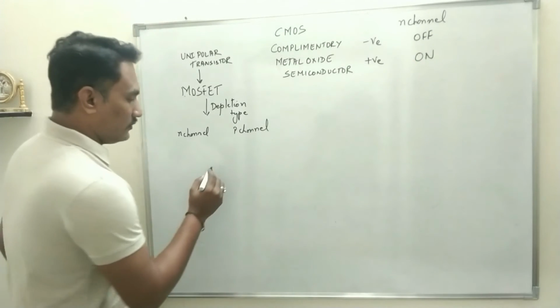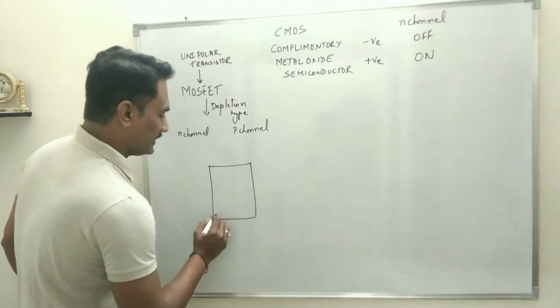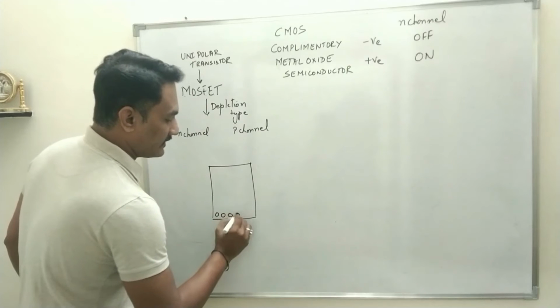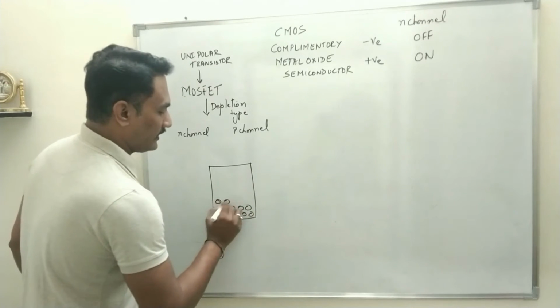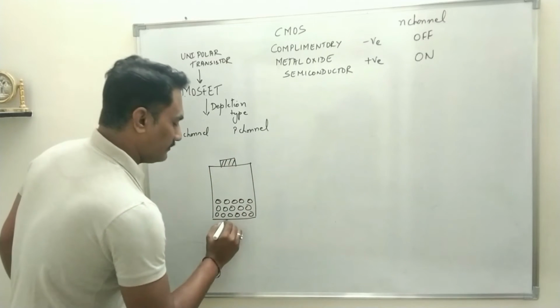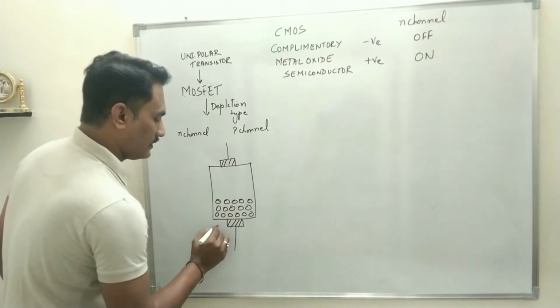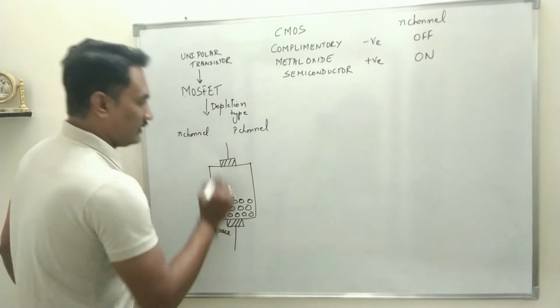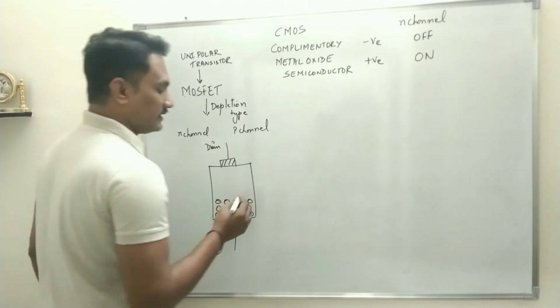Now let us try to understand the working of P-channel MOSFET. If you want to design a P-channel, you have to take a P-type semiconductor, a semiconductor which has a large number of holes in it. The two terminals will be named source and drain, because the charge carrier will move from source towards drain.